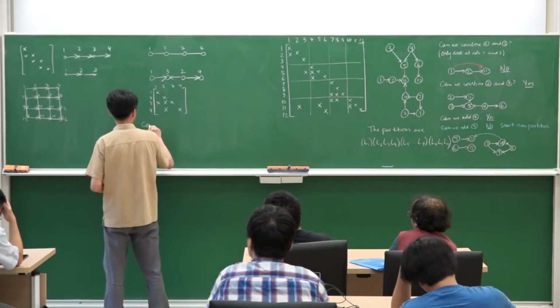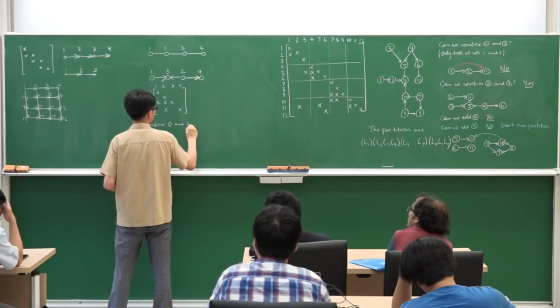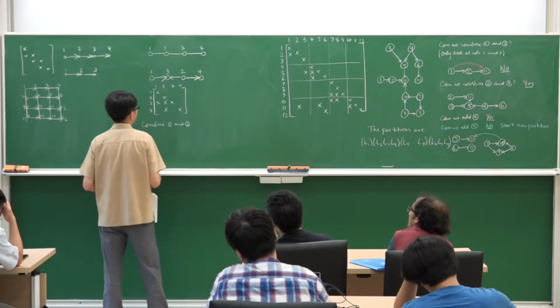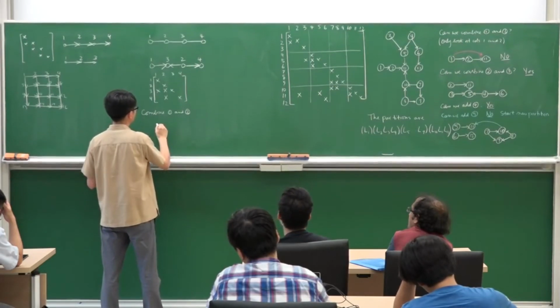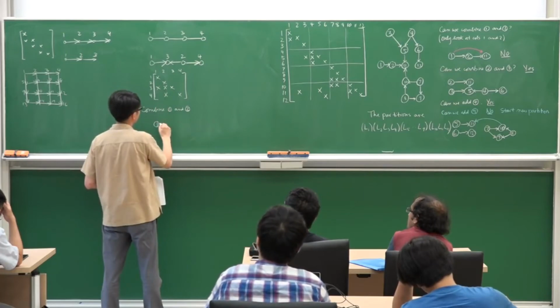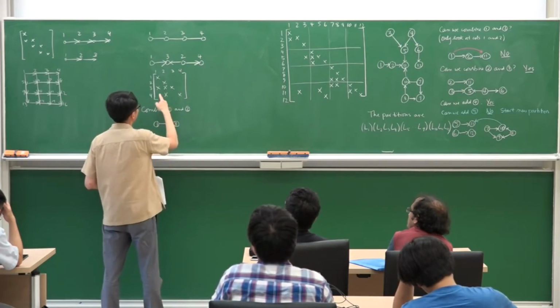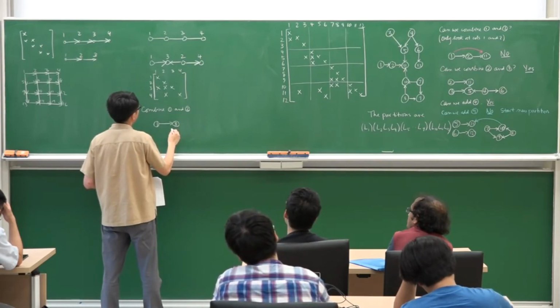So there's this graph for 1 and 2. We have 1 pointing to 3 and 2 pointing to 3.